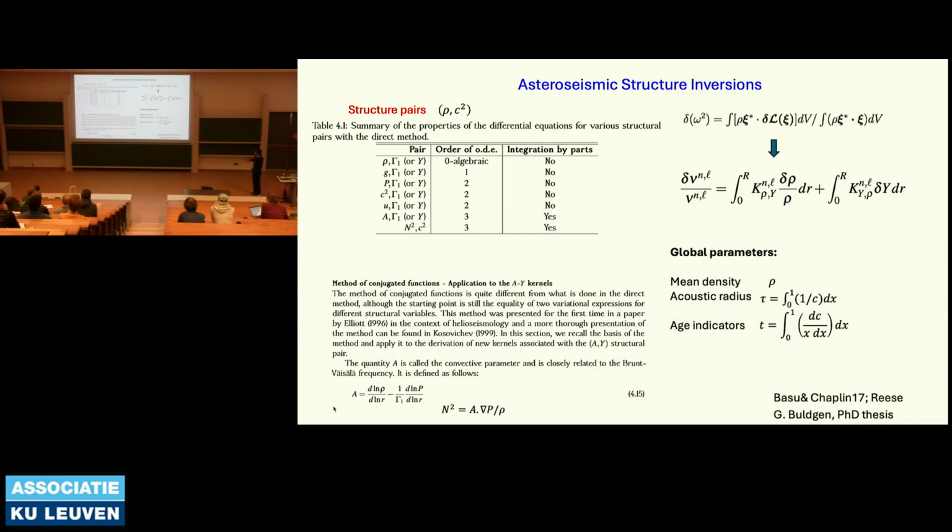Or some of the kernels need a little bit more work, like this A kernel, which is directly related to the Brunt frequency squared. You can also perform an inversion for global parameters, like mean density, acoustic radius, or some edge indicator, which is related to the sound speed gradient.